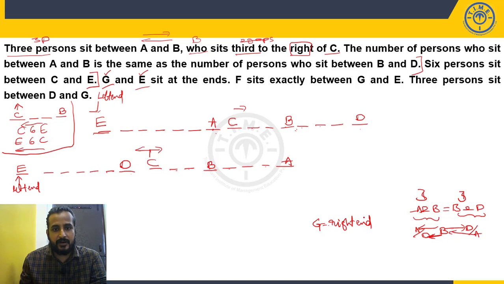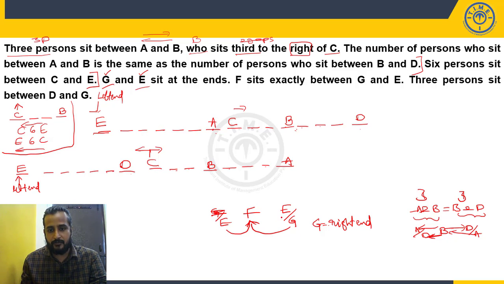F is exactly between G and E. So F, G or E, E or G. This is the meaning of the statement. F is exactly between E and G. But as per the statement, E is at the left hand.